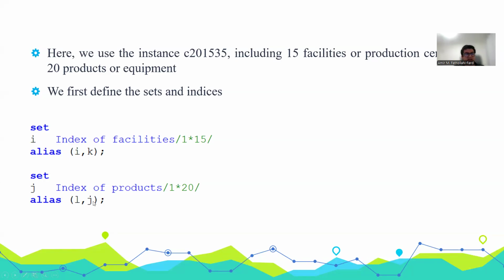And another one is for the index J, where the indices L and J belong to the same set for products.